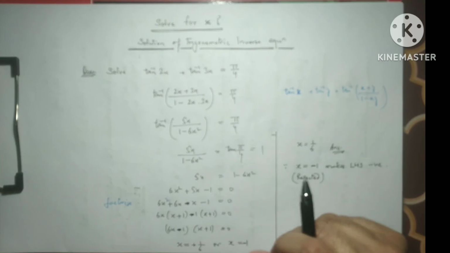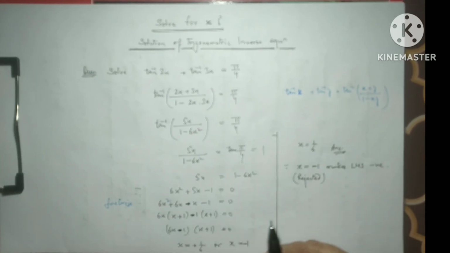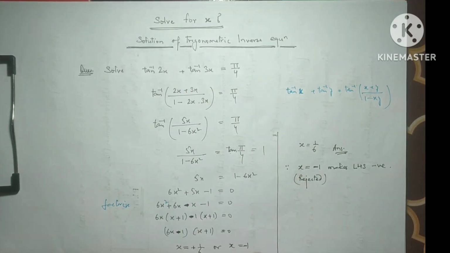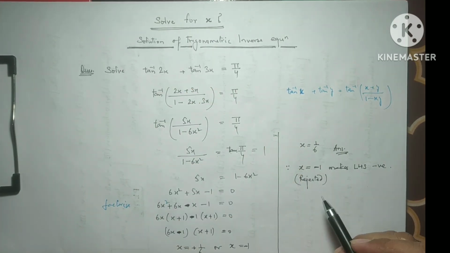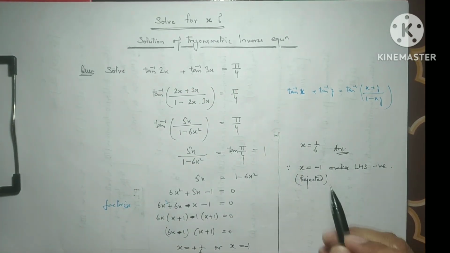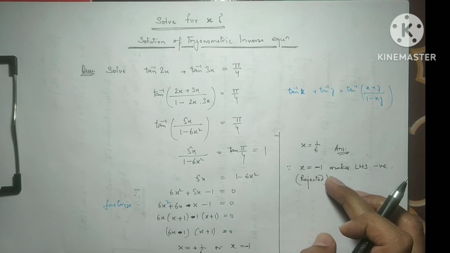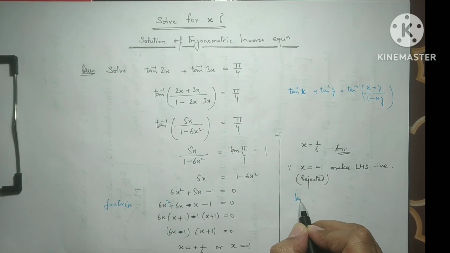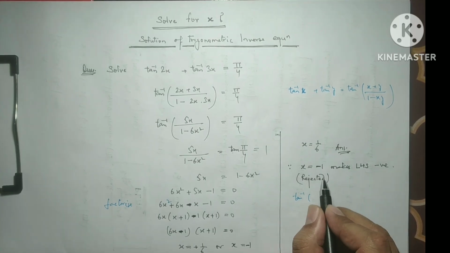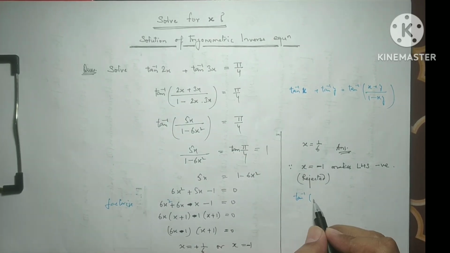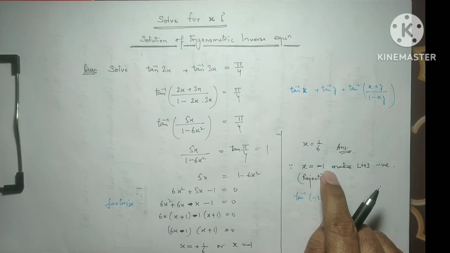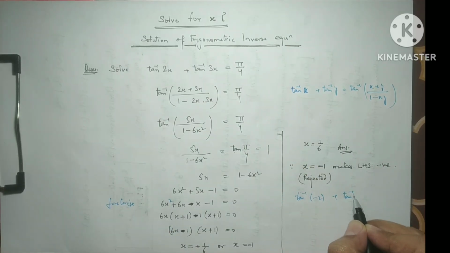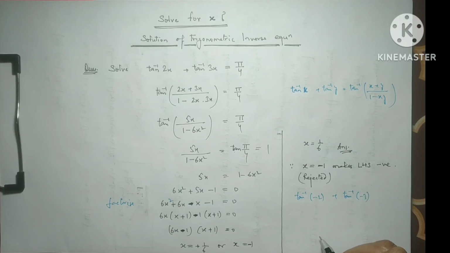Right now we have two answers, but we will pick the answer which satisfies the equation. So when x is minus 1, we put this on the left hand side, we get tan inverse of 2 into minus 1, which is minus 2, and when we put this in tan inverse 3x, it is tan inverse minus 3.